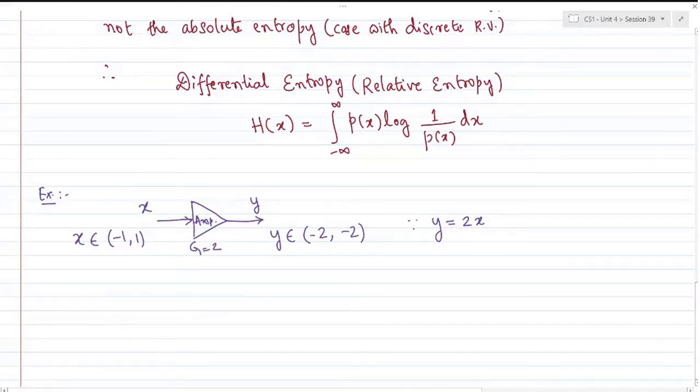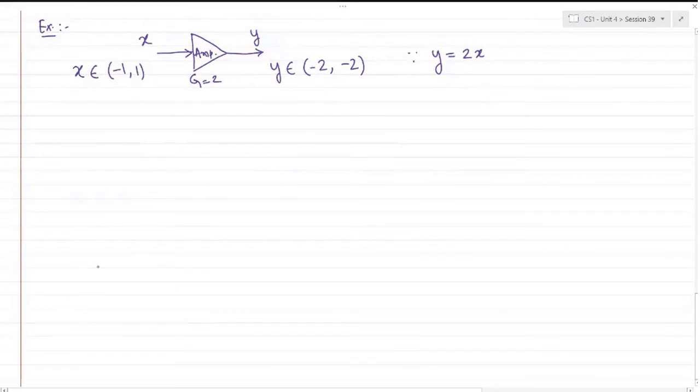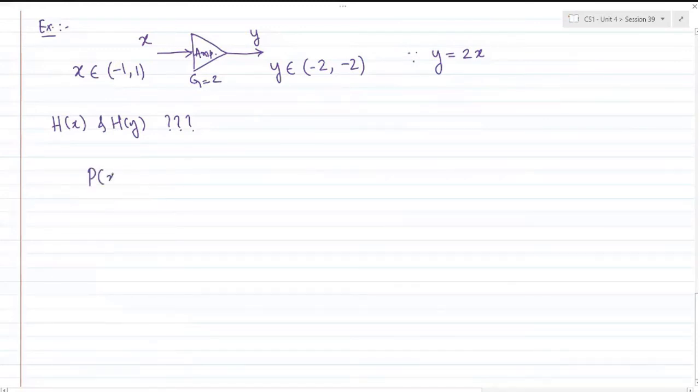Now, how will we define the differential entropies of input and output random variables? What is H of X and H of Y? To find these differential entropies or relative entropies, we should know the probability. Since it's a uniform distribution, all the values from -1 to 1 are equidistributed, so that I can define the probability of x.